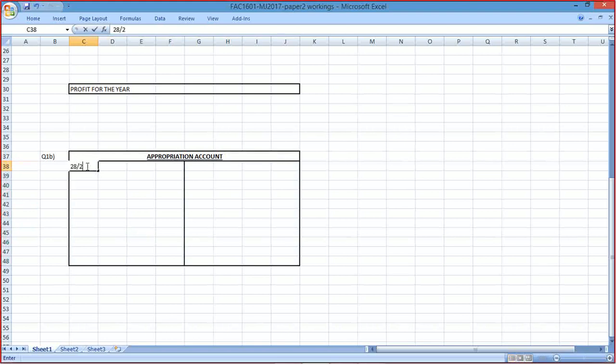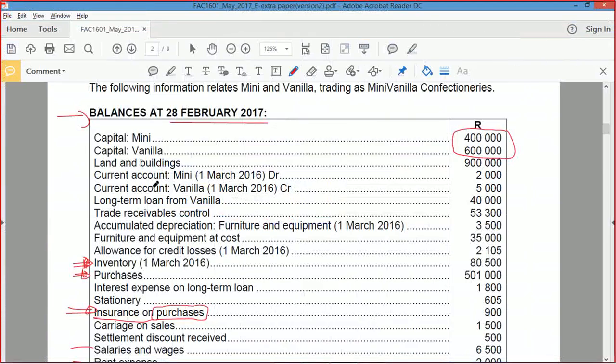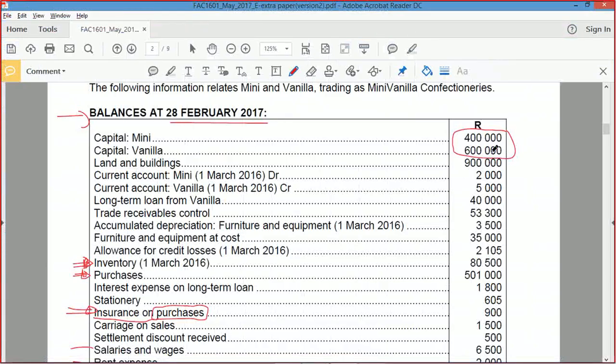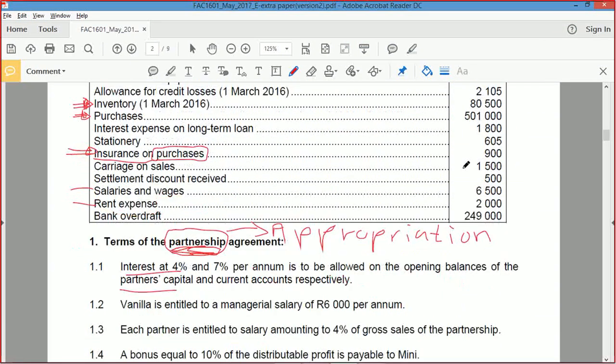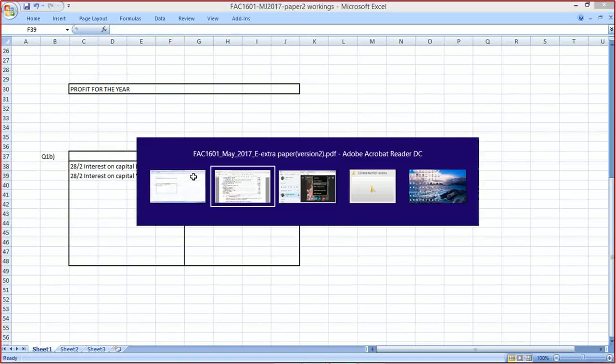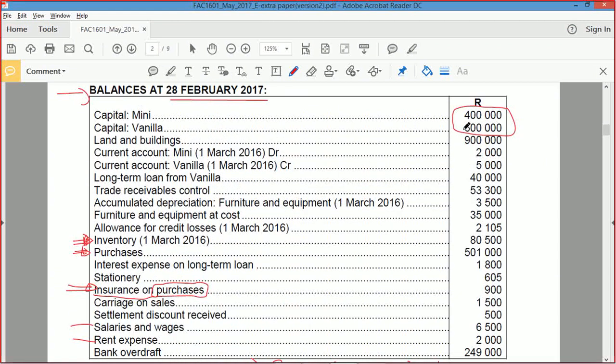Okay, so 28 Feb. Interest on capital M and interest on capital V. Right, M has how much? 400,000. What is the rate? 4%. Okay, so 400,000 times 4% is what M gets.